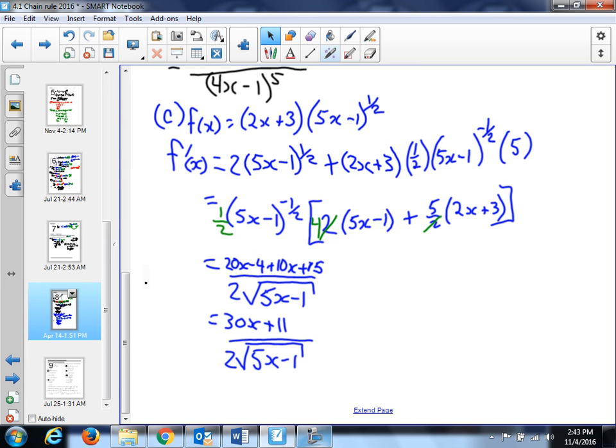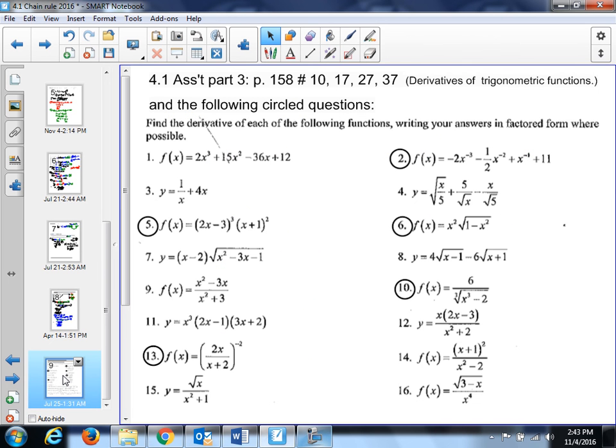Let me see here, 153. Let me see here, 10, 17, 27, 37. Oh, okay, I see. Those are derivatives of trig functions.